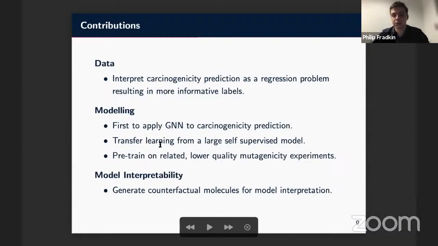We use transfer learning from a large self-supervised model, and then we pre-train on related but lower quality mutagenicity experiments that I mentioned earlier. And finally, for model interpretability, we generate counterfactual molecules using XMOL for model interpretation, and I'll go into more depth on what counterfactual molecules are later in the presentation.